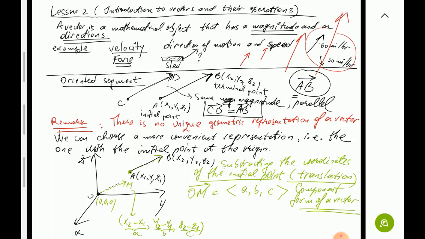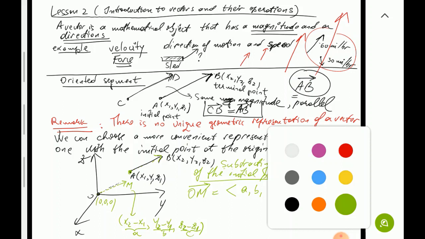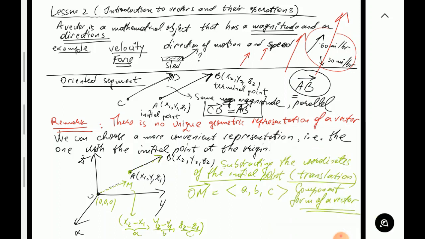But just to recap on this page, we have an arbitrary vector with an arbitrary initial point and terminal point. By bringing the initial point to the origin, by making this translation, we can now represent the vector using only 3 quantities. That's the main advantage.